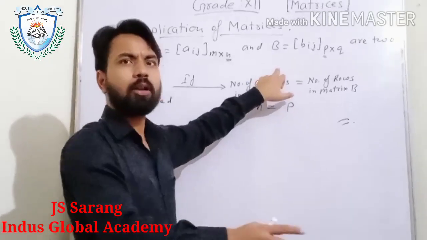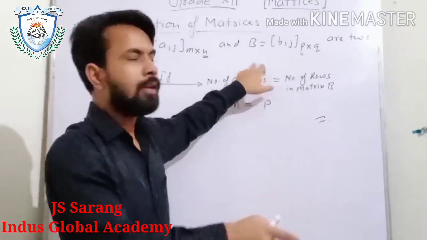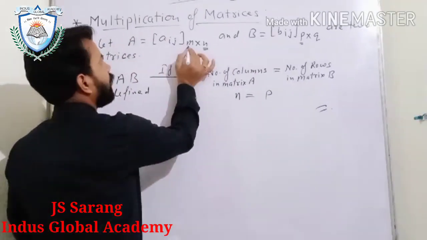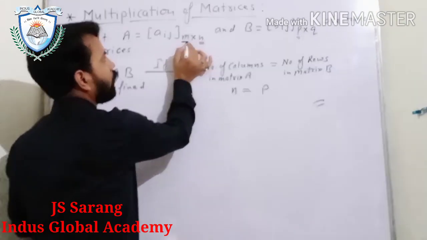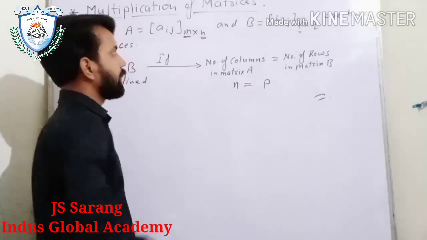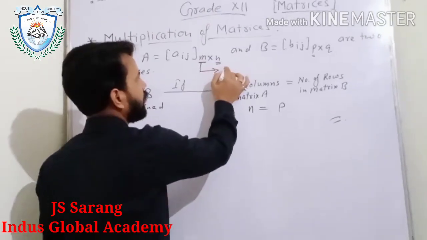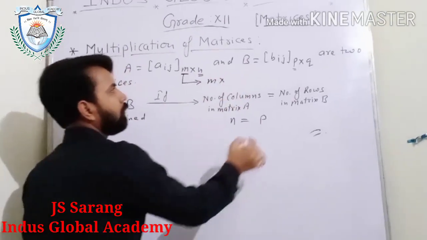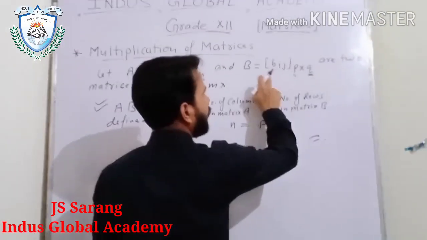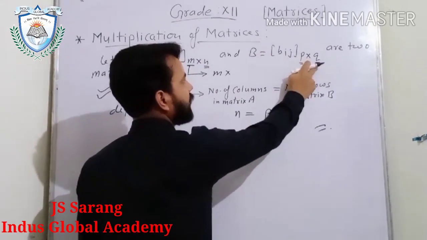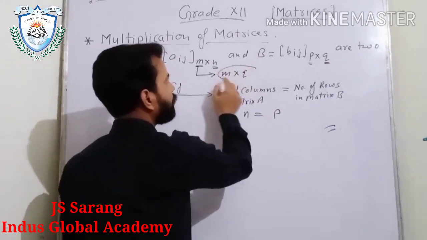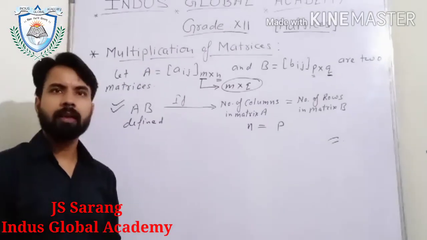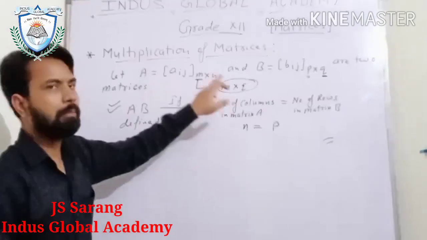So what will be the order of that new matrix? So students, what is the first quantity in the order of the first matrix? That is m, by, what is the last quantity in the order of matrix B? That is q. So m by q will be the order of the product of A and B.